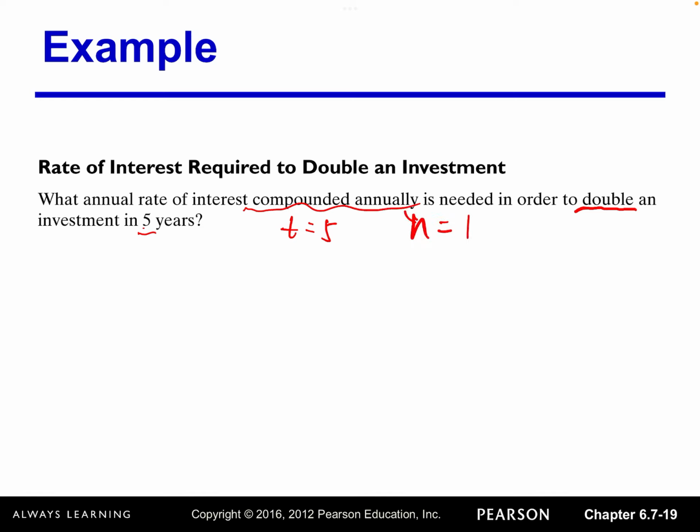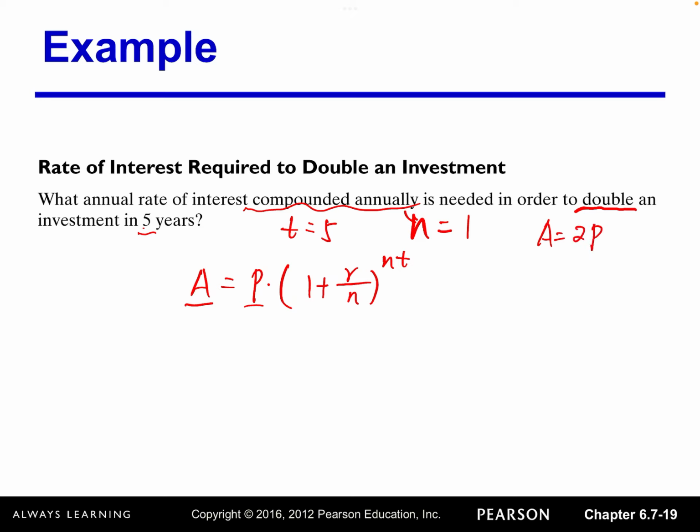For the future value formula, that's A equals P times (1 plus r over n) raised to the n times t power. We don't know specifically the initial principal or the future value of the account balance, but we know A equals twice P.